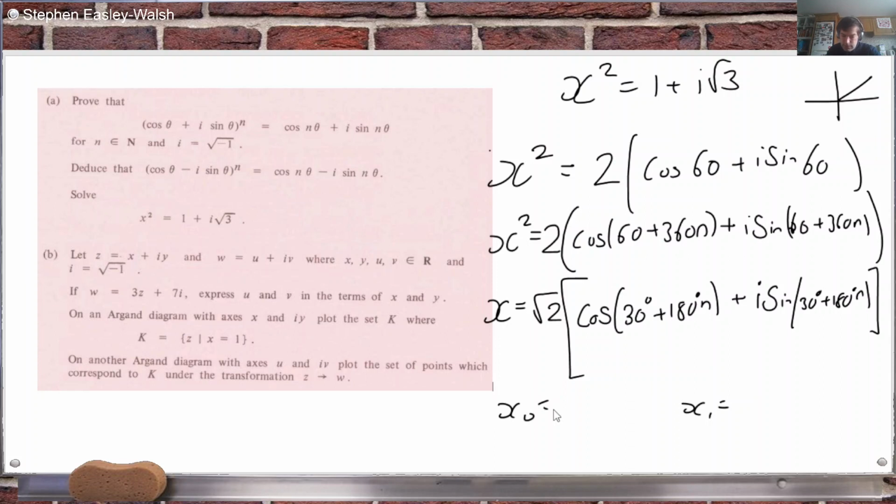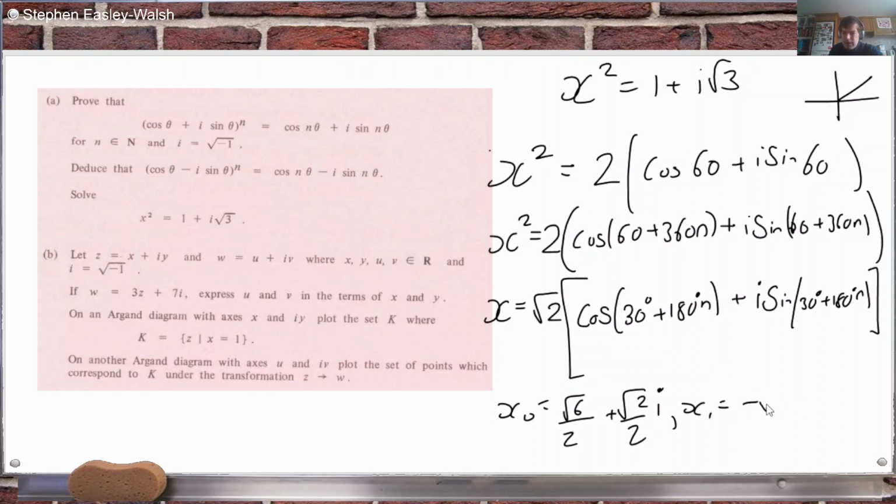So root 2 cos 30, so that's root 6 over 2 plus root 2 over 2 i, and then the second one here, cos 30 plus 180.